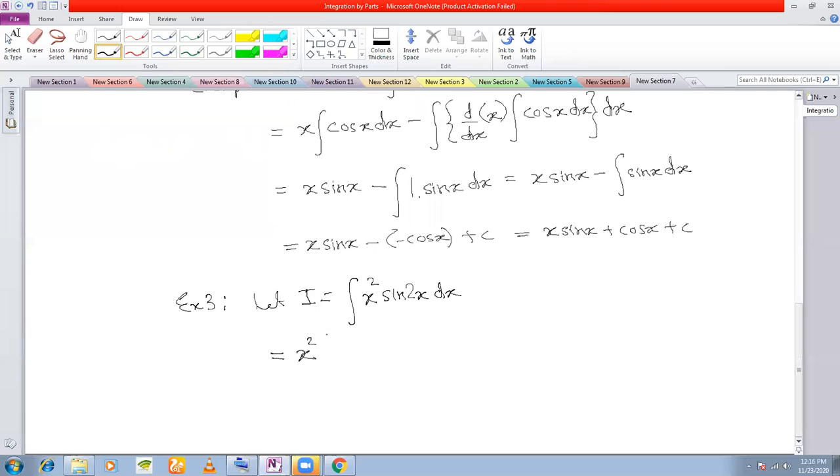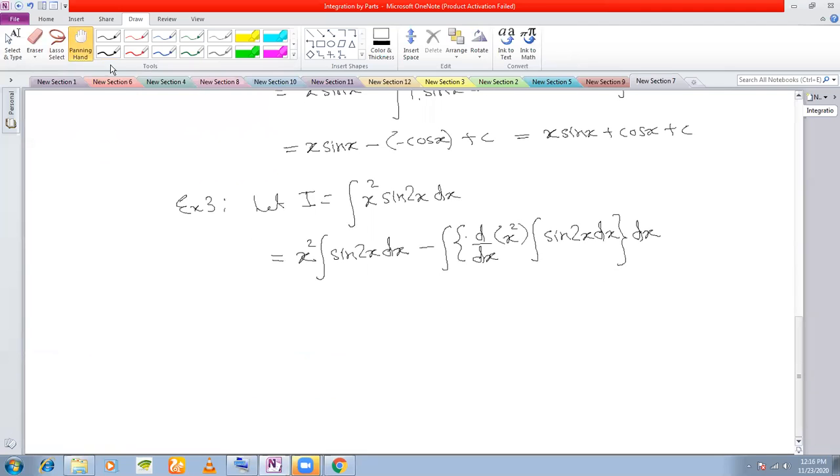So I can write this as first function into the integral of the second, minus integral of derivative of the first into the integral of the second, and whole dx. Right? Do this step by step, otherwise you will make mistakes.